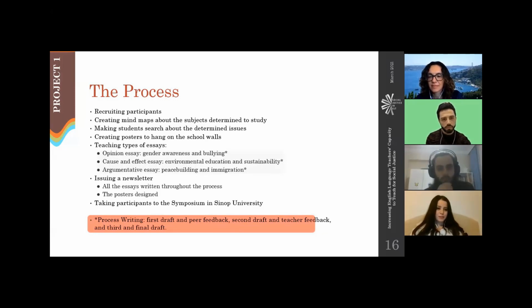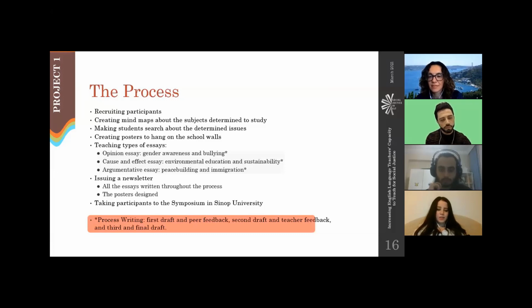And the first step of the project, I gave my students a big blank sheet, and I asked them to create mind maps about the subjects determined to study, social justice subjects. I made students search about the determined issues, and I asked them to create some posters to hang on the school walls to raise awareness of their schoolmates as well.